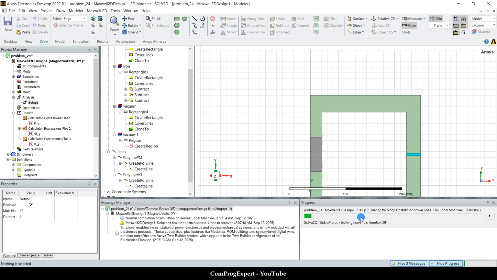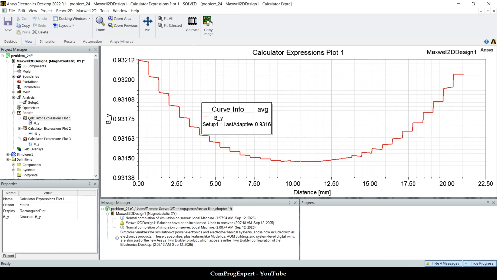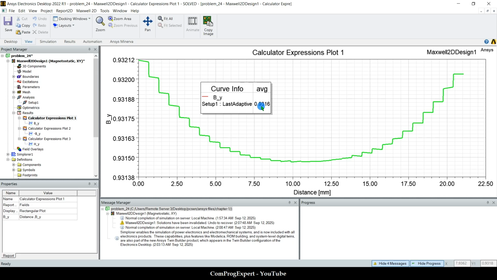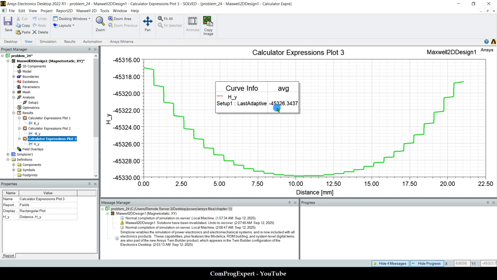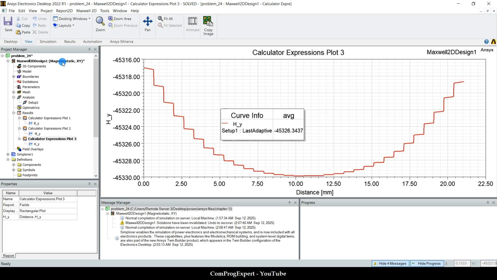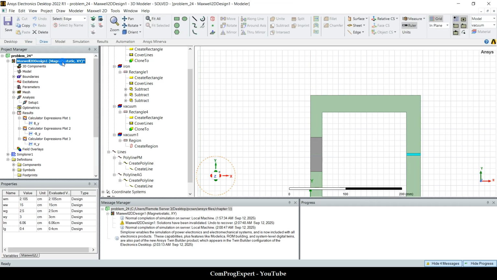So the solver is running, and now we have these results. What is the value here? 0.93. The average value of the flux density in the air gap is 0.77, and here is negative 45, the average value of H in the magnet.